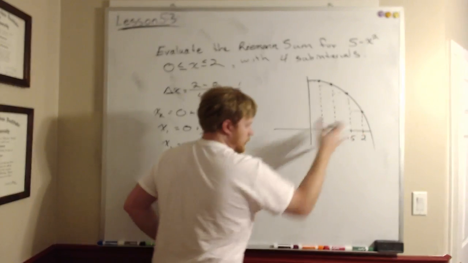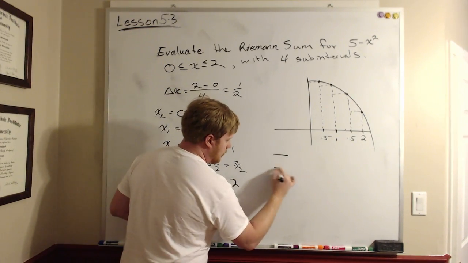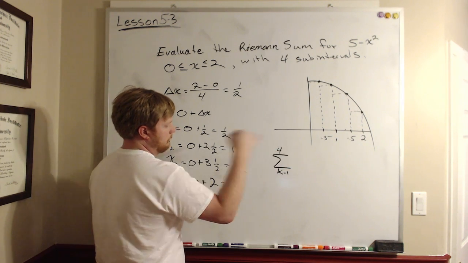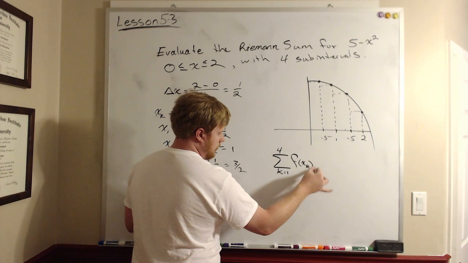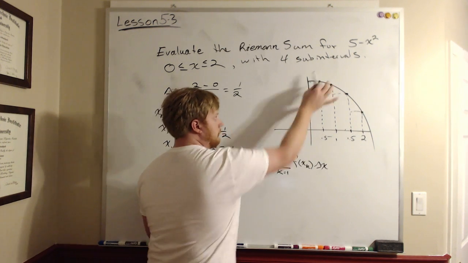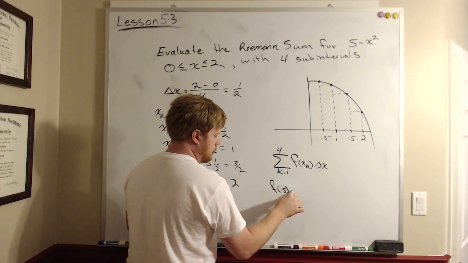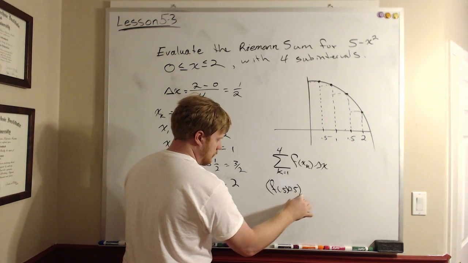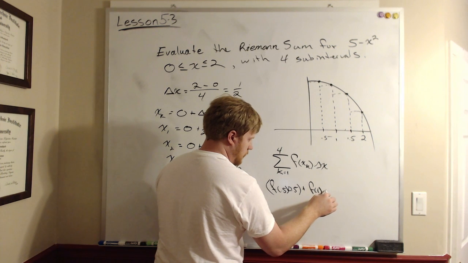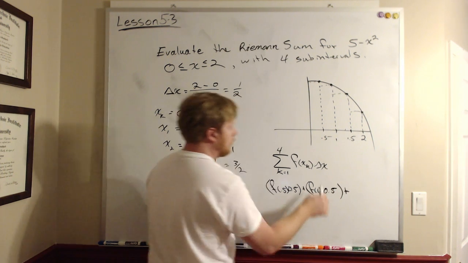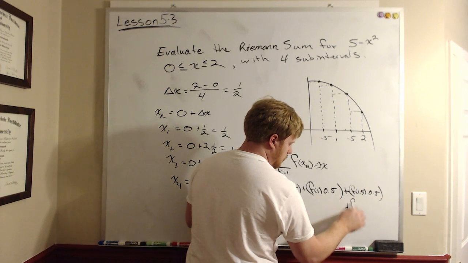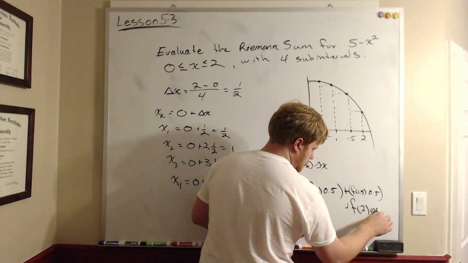So to add up all my areas, it's just the sum as k goes from 1 to 4 of f of x sub k times delta x, which is just f of 0.5 times 0.5 plus f of 1 times 0.5, f of 1.5 times 0.5, plus f of 2 times 0.5.